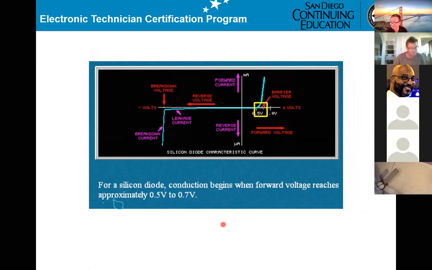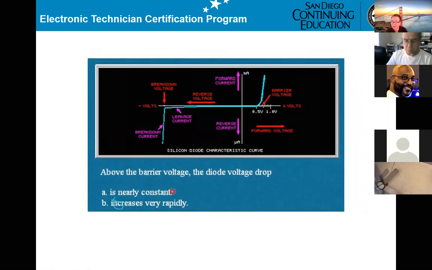Okay, talking about the voltage here. Above the barrier voltage, the diode voltage drop, A or B? It's nearly constant. Correct. After this point right here, the voltage will be constant.